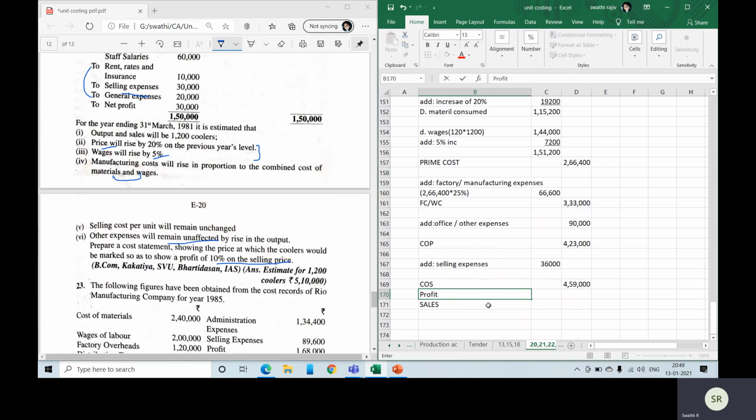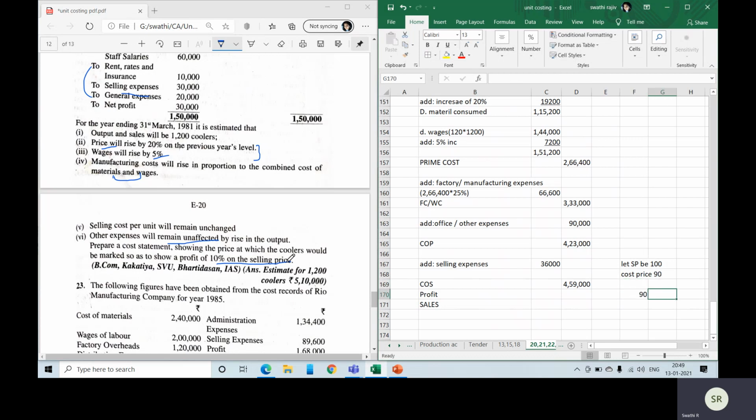But what is not given to us is actually profit or sales, but we have something. We have what? Profit is 10% on selling price. So again, let selling price be 100, and so cost price will be 90, right?